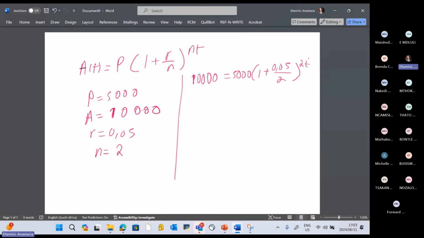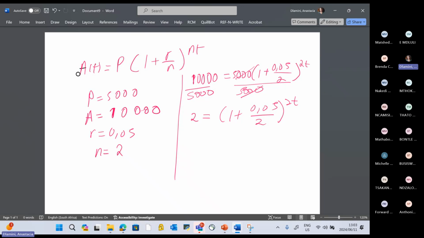So, because we are looking for t, I can divide by 5,000, both sides. And if you divide by 5,000, that 5,000 cancels that. So then here we have what? This is 2, is equal to (1 + 0.05/2) to the power of 2t, right?